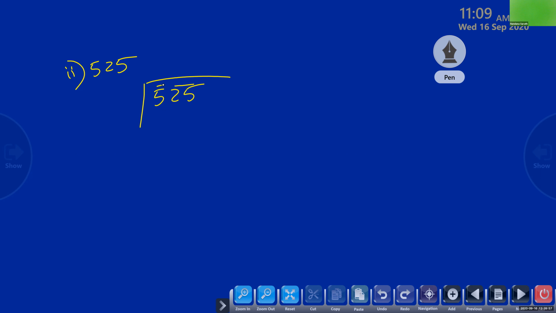The first digit: 2 times 2 is 4, remainder 1, bring down 25, so 125. Now 45 into 5, so what comes? Is 45 correct?